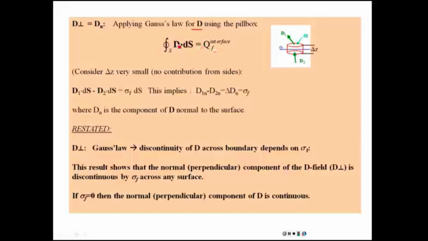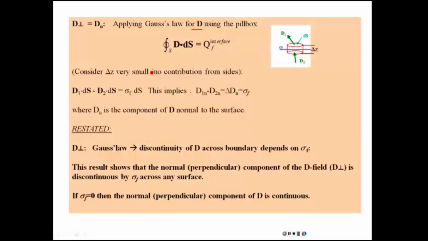It's just the surface integral of D. For that purpose we have the pillbox for the surface. And that's going to be equal to the free charge that's contained within the pillbox. And so that would be the free charge inside along that interface.